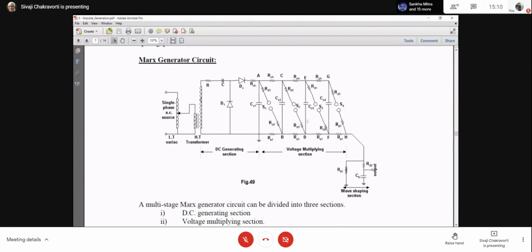But here the second capacitors are actually CS1 and the other CS in parallel. These are the second group of capacitors. That's why this left side DC generating section is nothing but a Cockcroft-Walton voltage doubler circuit.